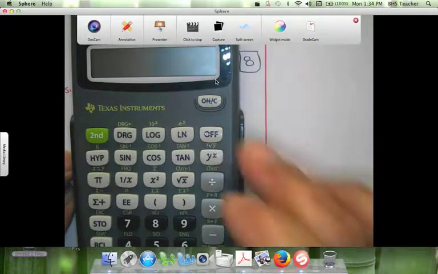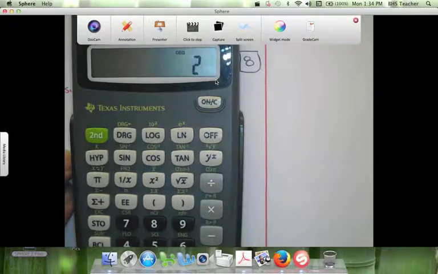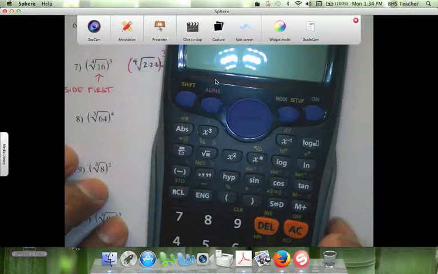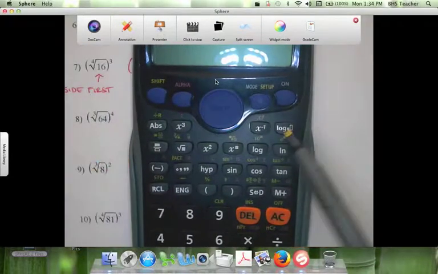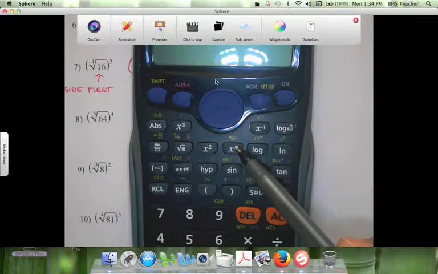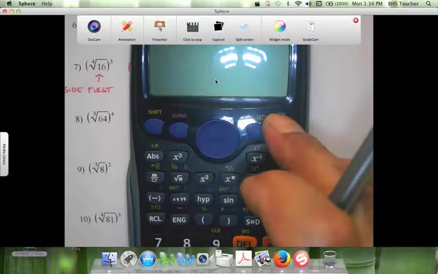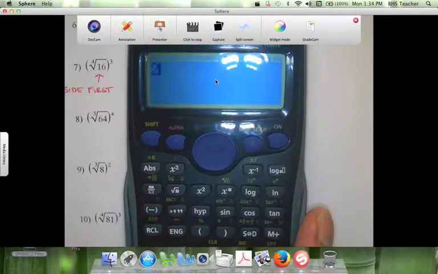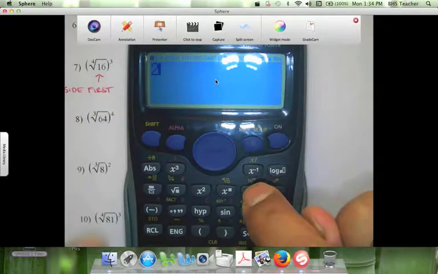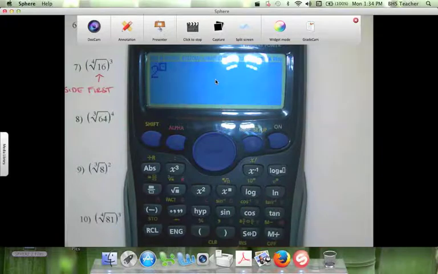So that would be 2, push that button, to the power of 3, hit enter, 8. And if you have a calculator that has something like this, it's this key here, where you pick your base and you pick your exponent. That would be 2, to the power of 3, equals 8. Okay?